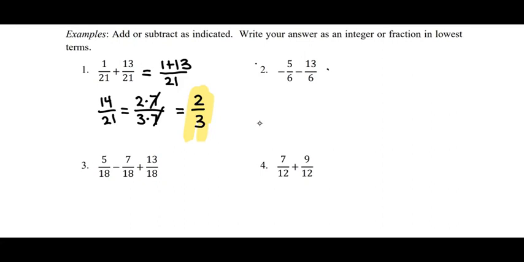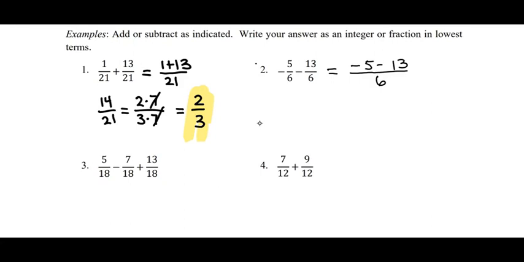So you'd rewrite this problem as keep the 6 as the denominator, but in the numerator you have negative 5 minus 13. All right, and then just if you need a review how to subtract integers, that should be in Unit 3. We did that, I believe, in lesson 3.3. So please review that video.